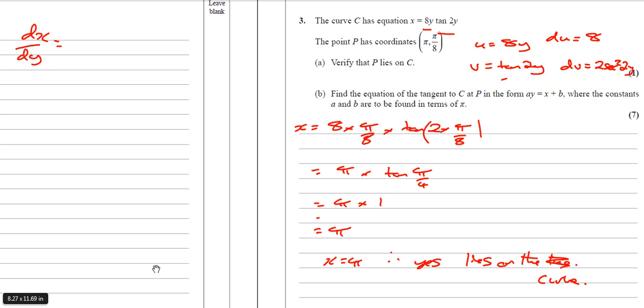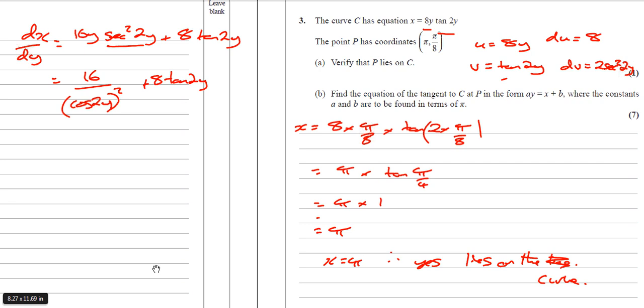So u dv plus v du, just as we've done before, is going to be 16y sec squared 2y plus 8 tan 2y. That's dx by dy. Now if we substitute our value of y into that, because we've got sec squared, we can turn that into 16 over cos 2y squared, plus 8 times tan 2y.